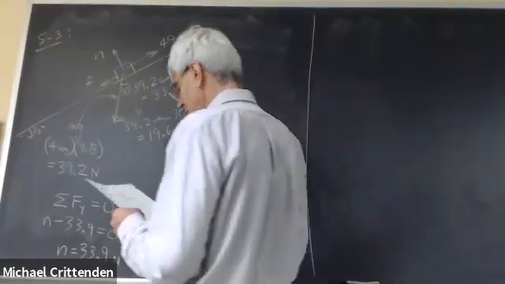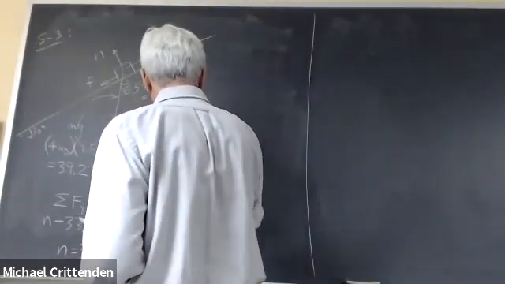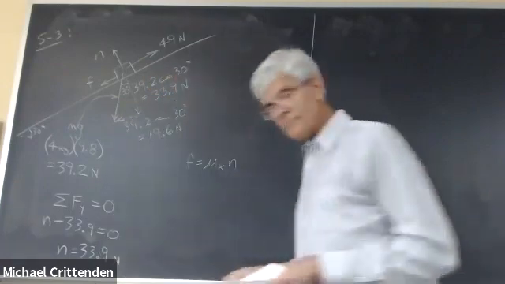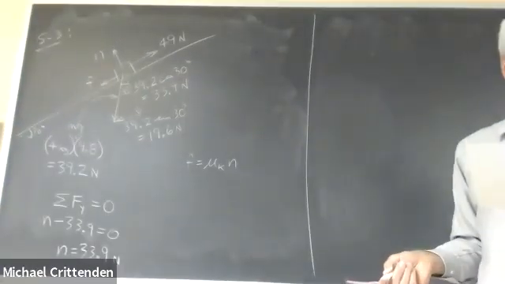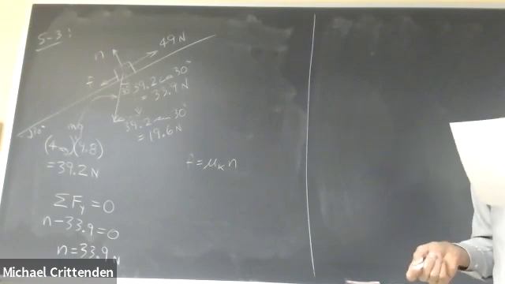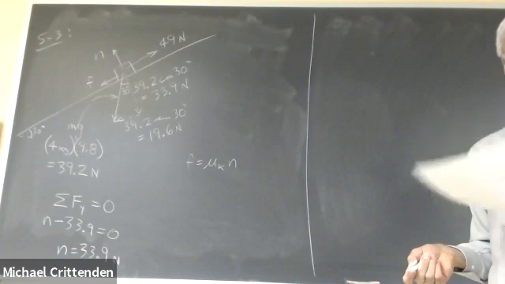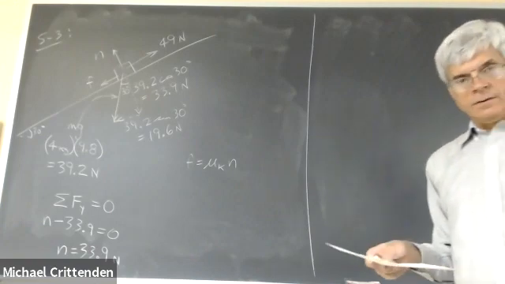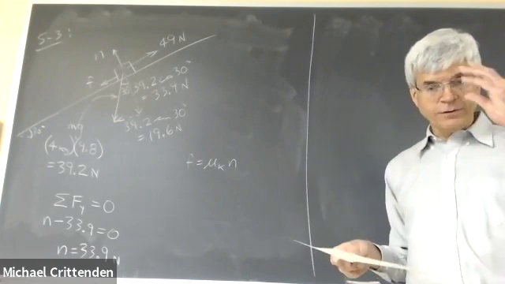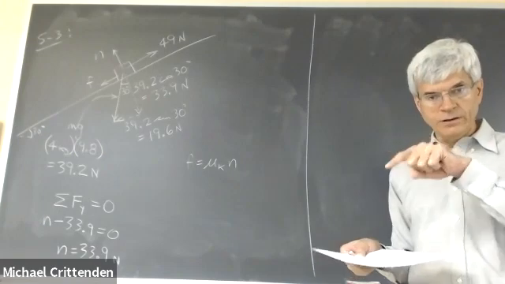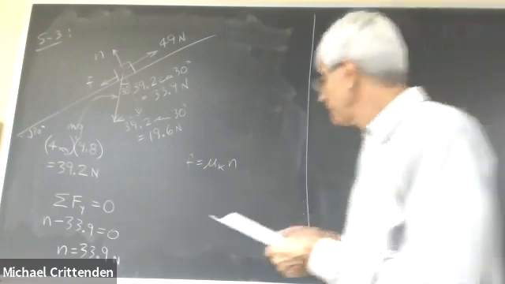Once you know that, friction equals mu N. It says both the block and the surface it's sliding across are wood. So there's that table of friction coefficients on one of the later pages of the formula sheet. You go in there and you look up wood on wood.